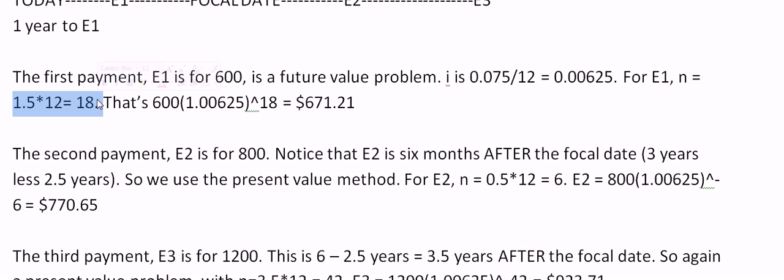So the time gap between E1 and the focal date is 1.5 years. So 1.5 times the number of compounding periods is 18. So n is 18.